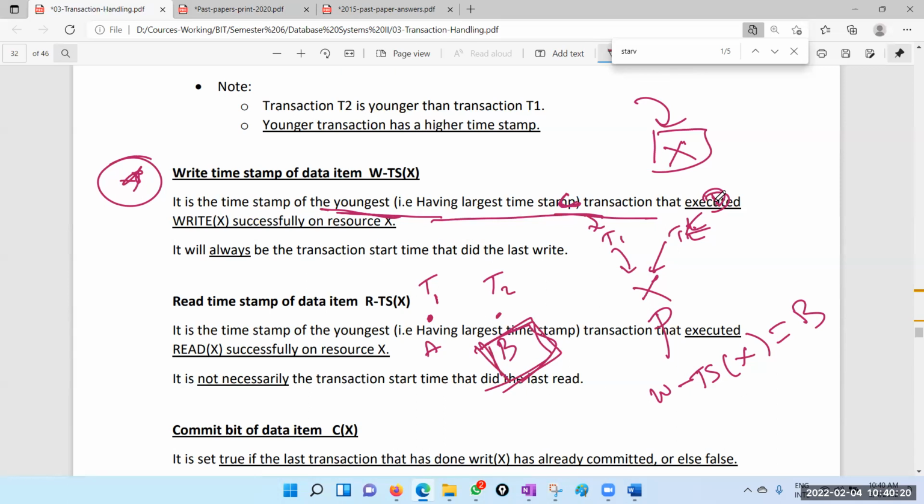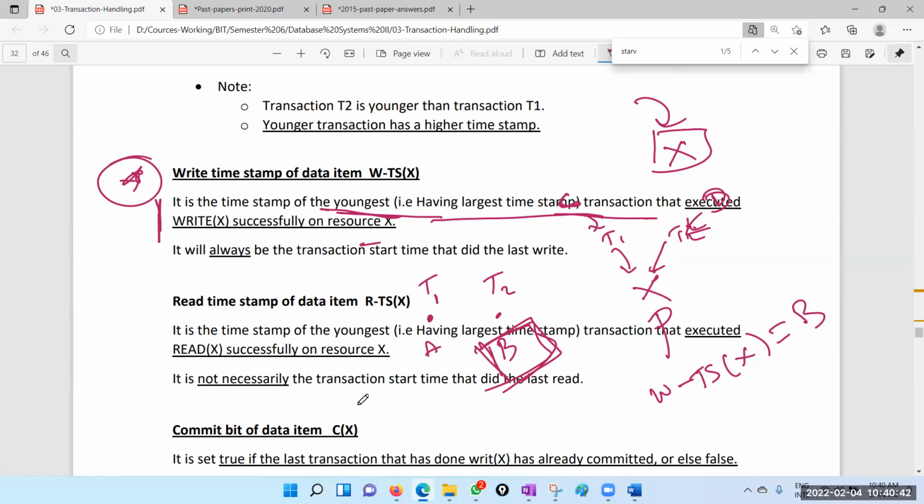Now again, read the statement. The write timestamp of X is the timestamp of the youngest, having the largest timestamp, transaction that executed a write operation successfully on resource X. It is not attempting. You must have successfully done that write operation.